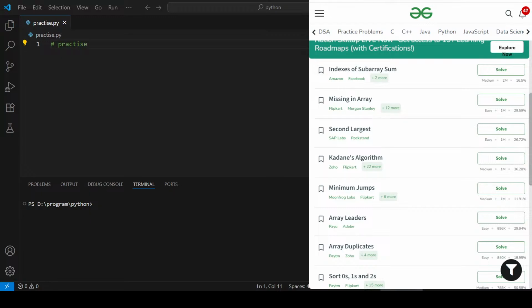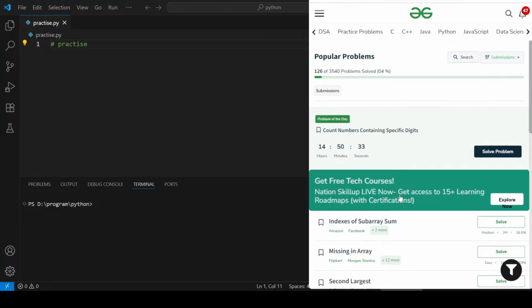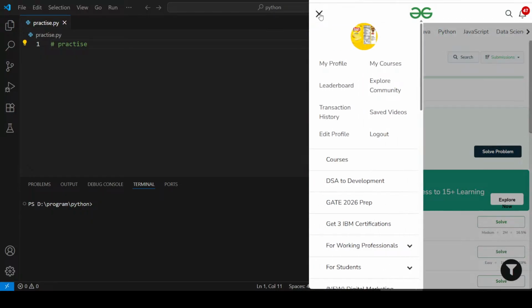Let's search, guys. Index of the subarray. Let's go. What to do? Look for.